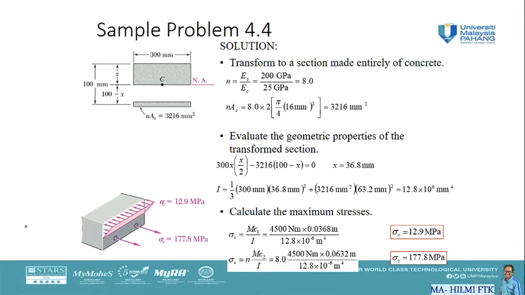So 12.9 megapascal is the stress that occurs at the upper part of the concrete slab. And then the maximum stress for the steel will be given by n times Mc2 over I. So c2 will be this distance, 100 minus x, 0.0632 meter over I. So we are going to get sigma s is equal to 177.8 megapascal. So this is the stress that is occurring in the steel rod.